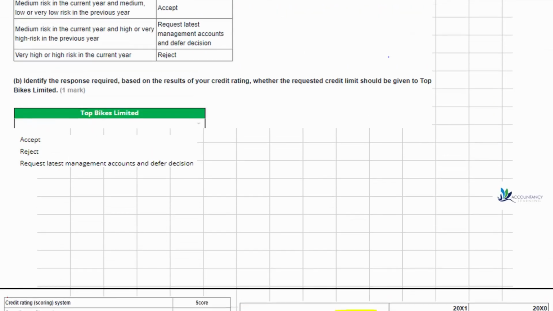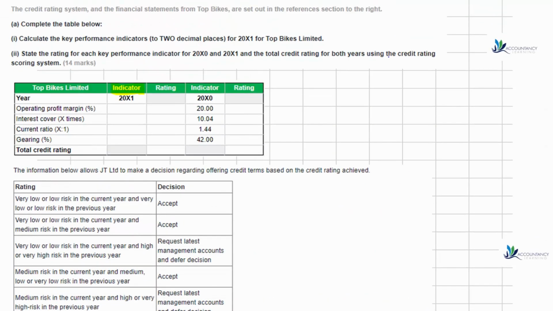So we can put that into our table. It's asking for 2 decimal places. So it's important that you follow the instructions, because remember, a computer is going to be marking this, and if you don't follow the instructions, then the computer will simply not give you a mark. Okay, so that's our operating profit margin.